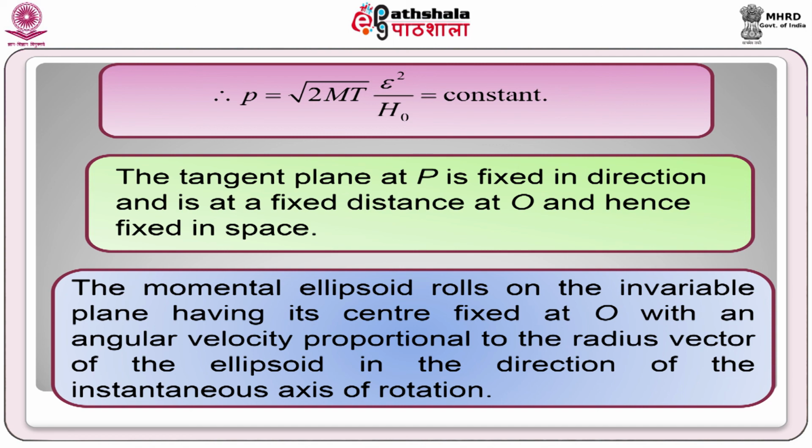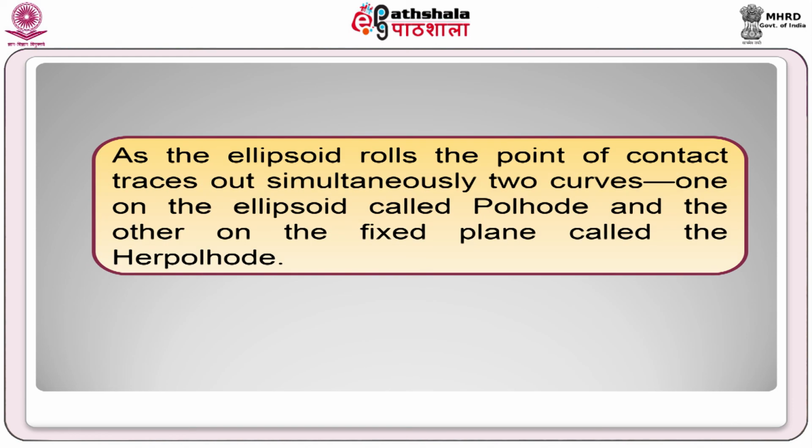Thus, we get small p equal to this one, which is a constant, because M is constant, ε constant, T constant and H0 also constant. The tangent plane at P is fixed in direction, which we already proved, and is at a fixed distance from O and hence fixed in space.